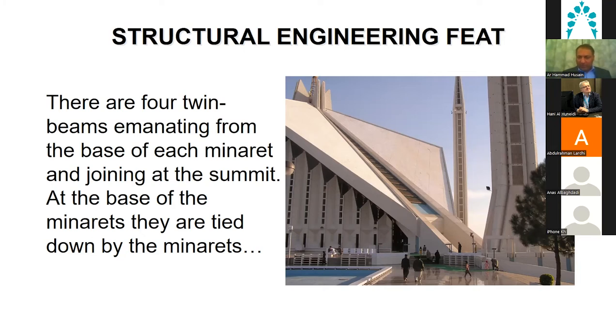As you can see in this picture, on the right, you can see a heavy minaret, and you can see 2 parallel beams. Well, they're not parallel, but 2 beams going straight up at the top. So from each minaret, these two beams each come out and they go and join at the top. And at the top, they are tied. Next, please.